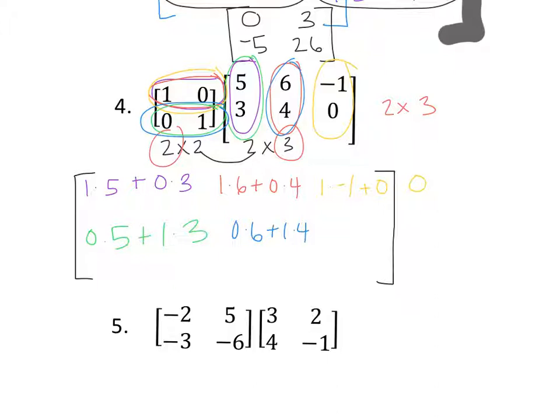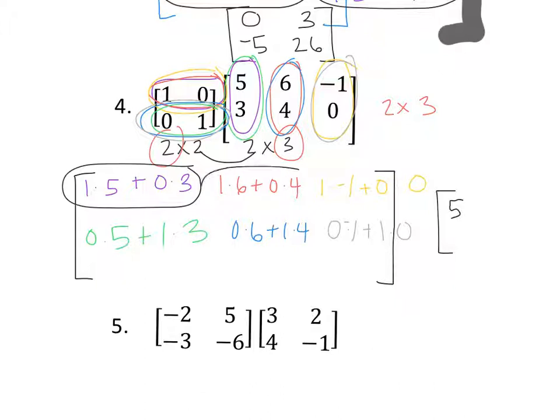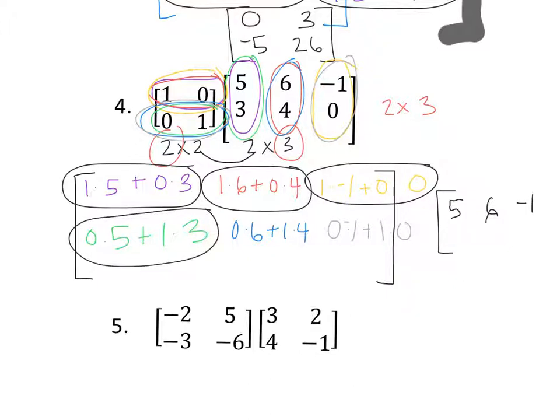Then my last one, 0 times 1 plus 1 times 0. Or 0 times negative 1. Doesn't make a difference. But so then at the end I simplify all these numbers. This number is 5. This number is 6. This number is negative 1. This number is 3. This number is 4. And this number is 0.